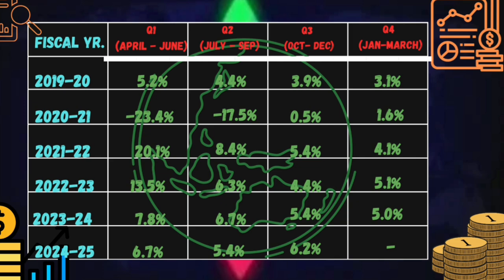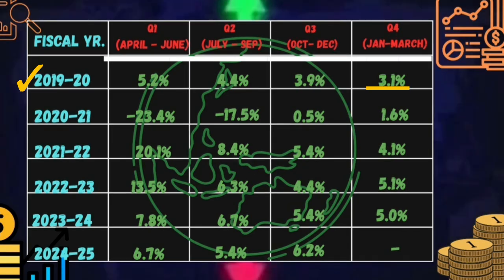Now, if you look at the data for financial year 2019 to 2020, the economy experienced a steady decline in growth, which resulted in a 3.1% growth rate in quarter 4. For financial year 2020, the first quarter saw a significant contraction of minus 23.4%. And the reason is very simple: because of the COVID-19 pandemic which occurred at that time.